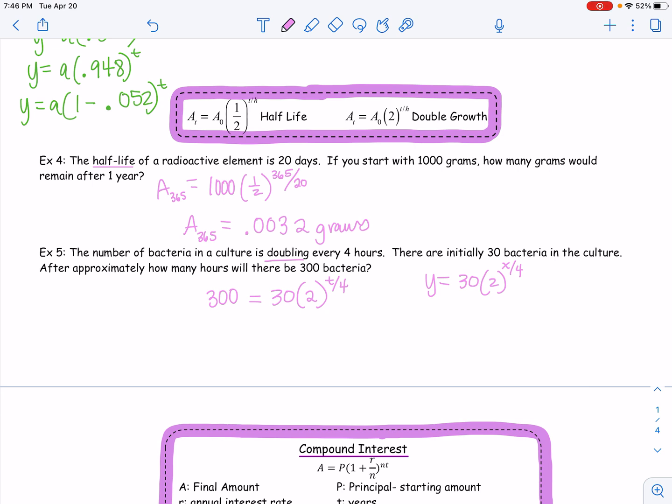If you're using the TI, two separate y equals, one is the equation, one is 300, see where they intersect, and you should get that the amount of hours it takes is about 13.29. So it takes about 13 hours to go from 30 to 300 if it's doubling every 4 hours.